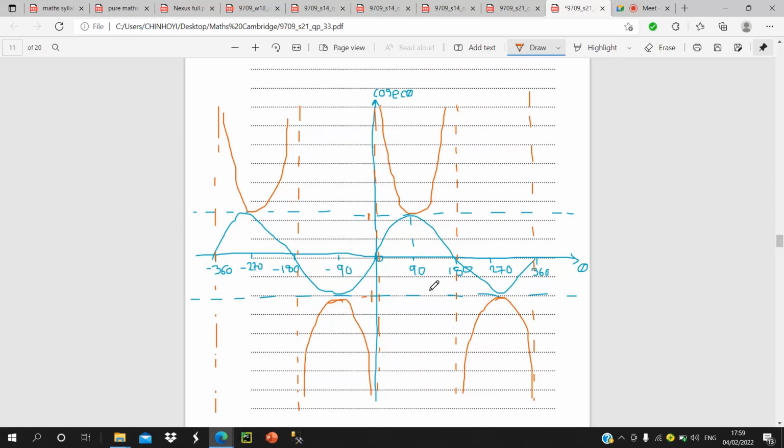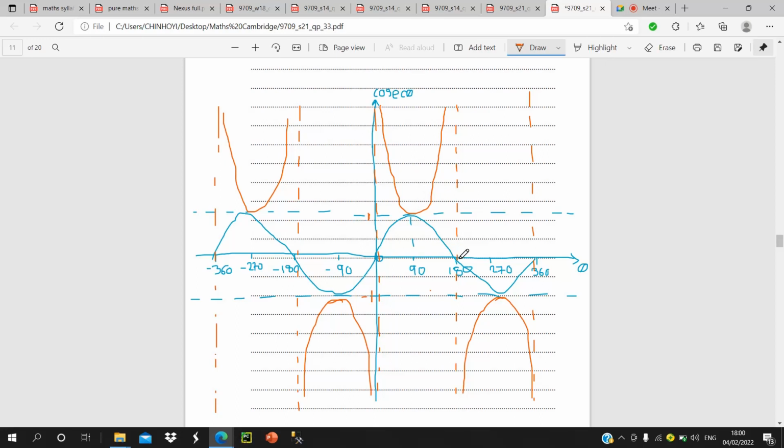But in this region from 0 to 180, it was supposed to be minimum at 1, not maximum. Yours is maximum. It's opposing. If you look at this region from 0 to 180, our graph of sine is maximum, so your graph of cosec will be minimum, turning at 1. It will oppose. Yes?